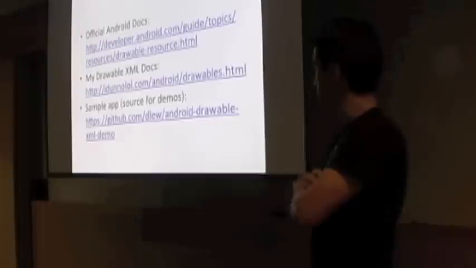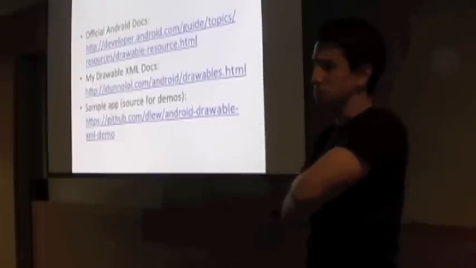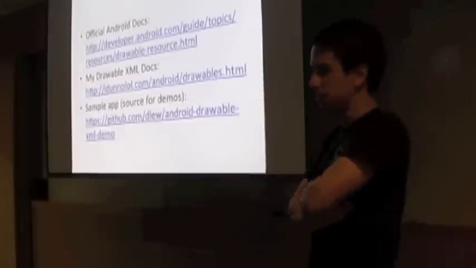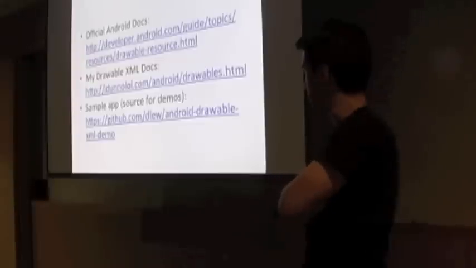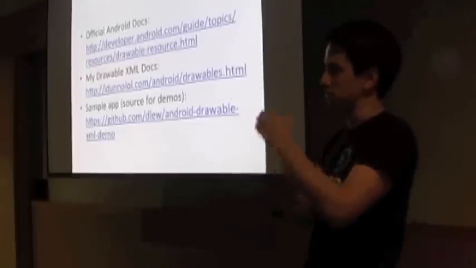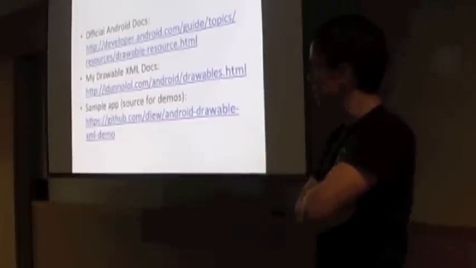And for all that the Android documentation is great, my documentation is slightly more complete because there's a few things that the Android documentation glosses over. So I'll usually use a mix of the two: the Android documentation when I want to understand the basic structure, and then my documentation when I want to look up a particular attribute.